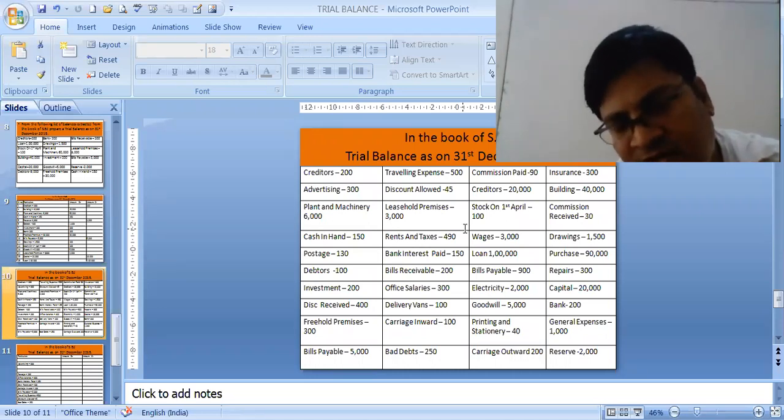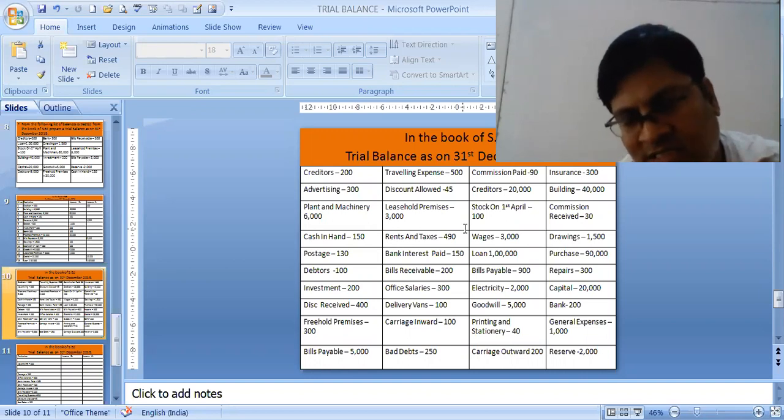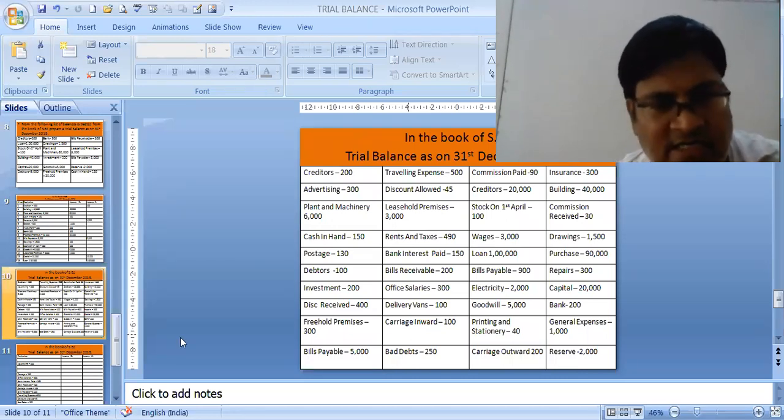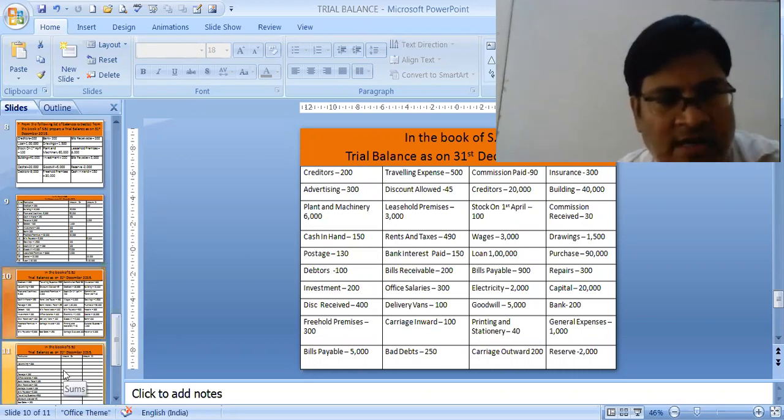But the sum which I have done, I have written mostly assets and liabilities, capital and drawings included. You will be doing it at home and tell me the suspense account figure, whether it is debit or credit. This is your homework.